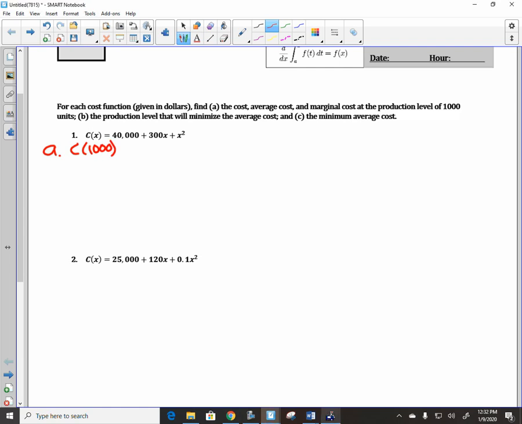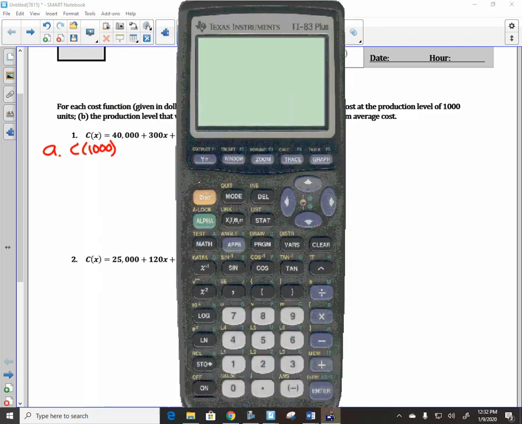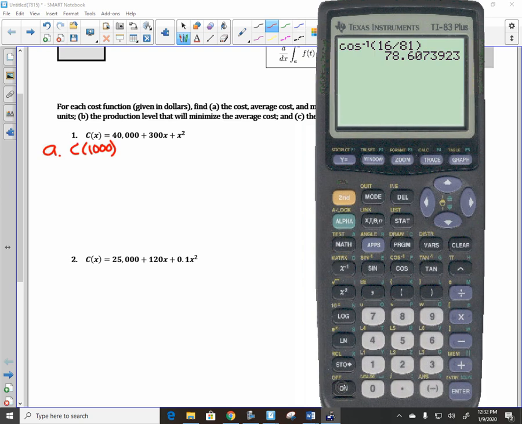I'm going to go to my calculator and type it in there. In fact, I'm going to go into my y equals, get rid of my plot, and enter 40,000 plus 300x plus x squared. And once I've got that, I'm going to go into my table.